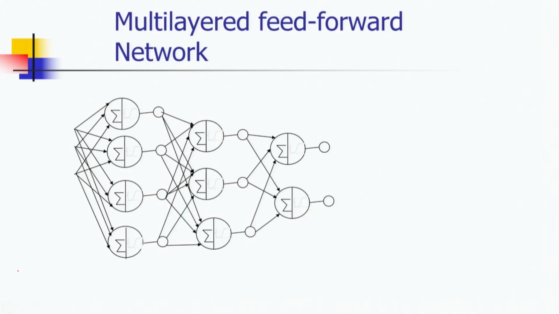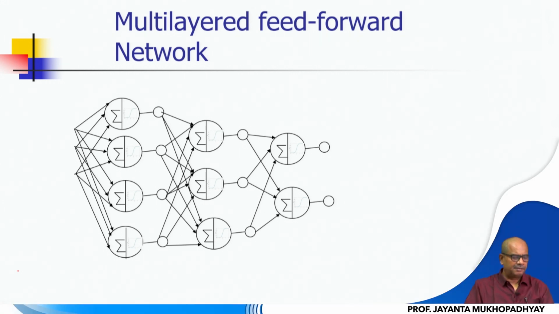So, if we look at the architecture of the artificial neural network which we are considering in this particular lecture, that is the multi-layered feed-forward network. I mentioned that in this case, the input is processed layer-wise.